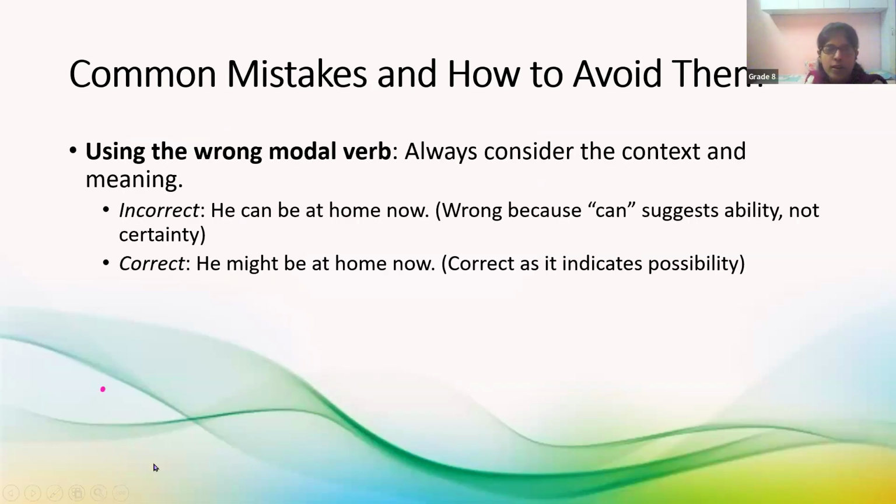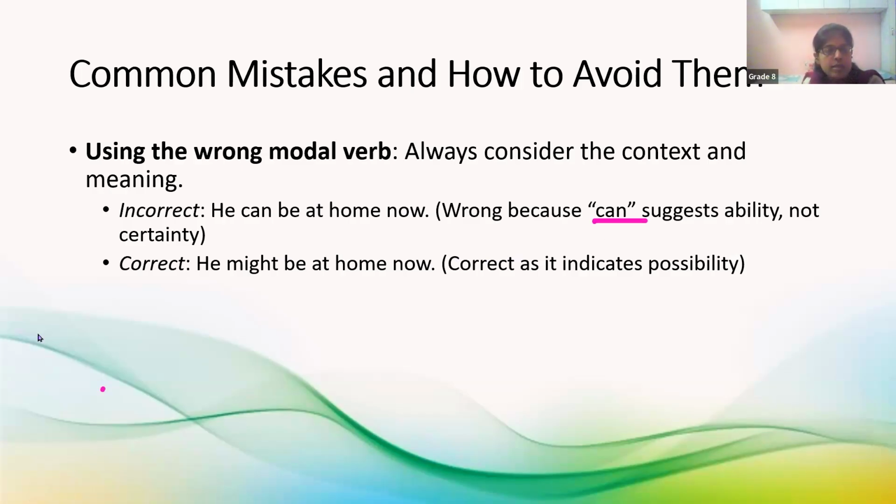Common mistakes in using the wrong modal verb. What are the mistakes that children use? Can suggests ability and not certainty. I think I explained this and you have grabbed it very nicely. Children use can for possibility. It is not possibility, it is used for ability. Can means being able or not able to do something. That is where we use can.